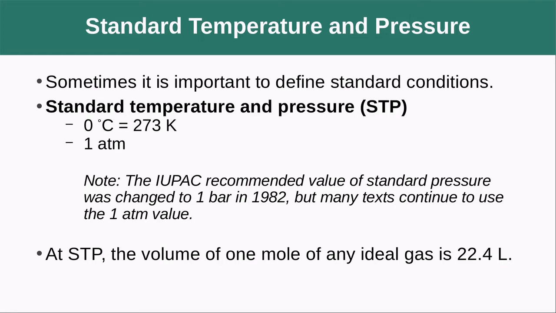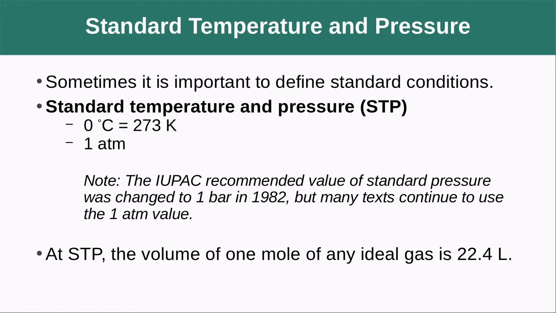Sometimes it's important to define standard conditions. So standard temperature and pressure is something you'll see a lot, STP. This is defined as 0 degrees Celsius and 1 atmosphere. You should note that the IUPAC recommended value of standard pressure was changed to 1 bar in 1982, but many texts continue to use the 1 atmosphere value.